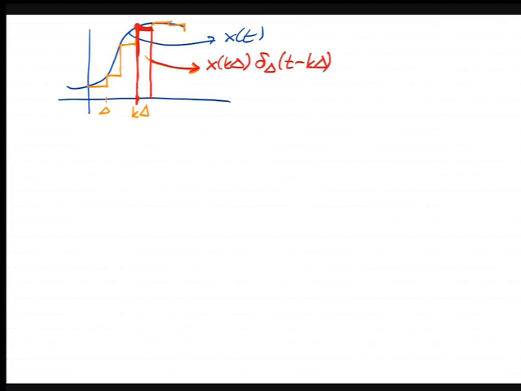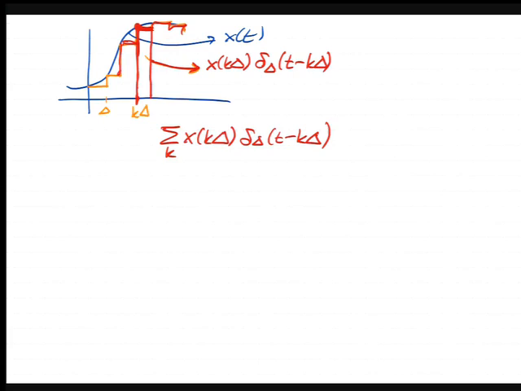But we have many of these, so if I sum these over k, then I've accounted for all the steps in the staircase approximation, right? Sum over k of these things, with t minus k delta. So do you agree that as I take delta to 0, this will work?